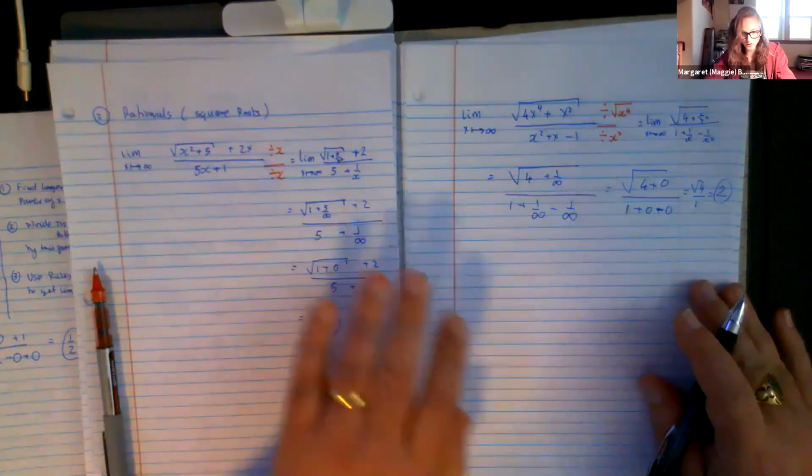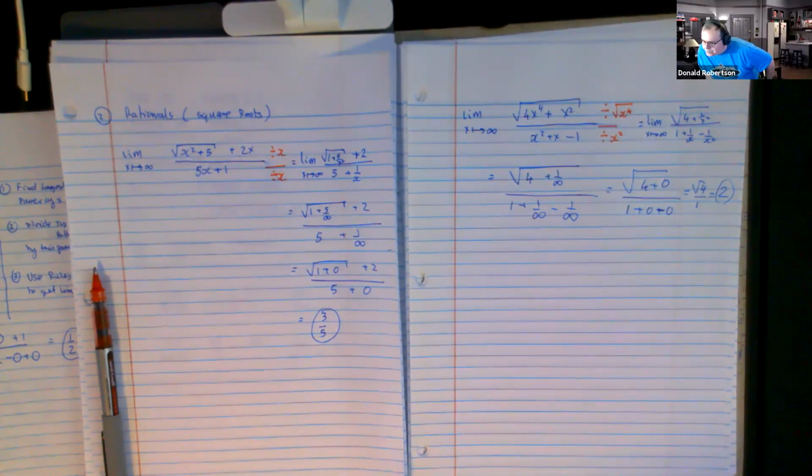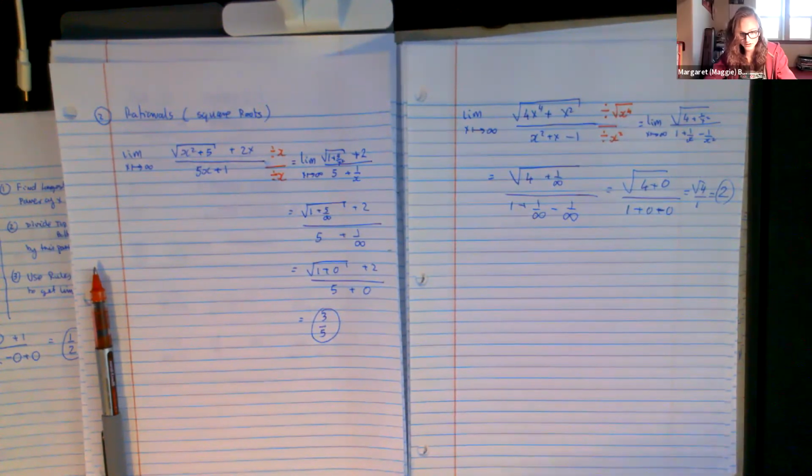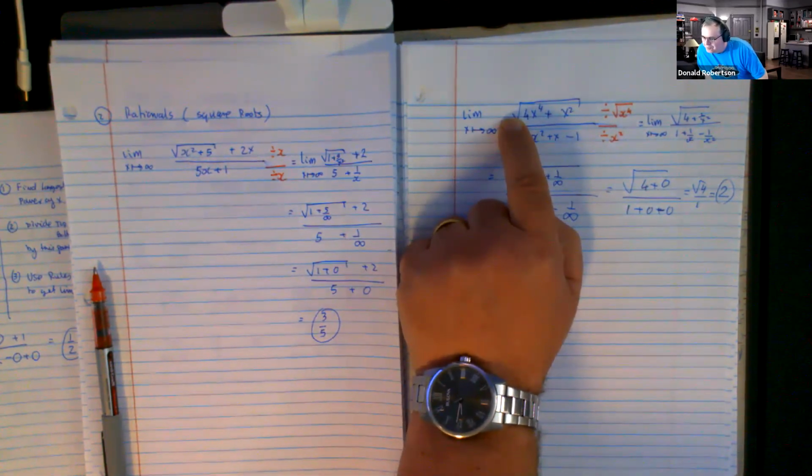I have a question about that. Yes, Maggie. All right, so are we saying that it's a positive square root because x is tending toward positive infinity? No, we're saying it's a positive square root because that thing doesn't have a sign in it.